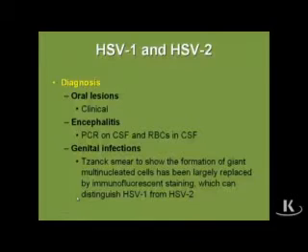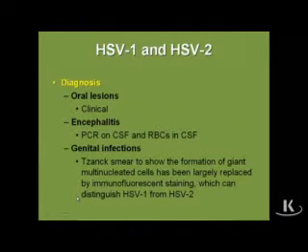Diagnosis is pretty straightforward. You're going to see those lesions. You're going to know exactly what it is. Most people that have at least HSV-1 can sense when the virus is coming. So if you know when you're going to get another reactivation, a lot of the time they can go ahead and see their physician and get some anti-herpes drugs that can help that infection go away a little faster.